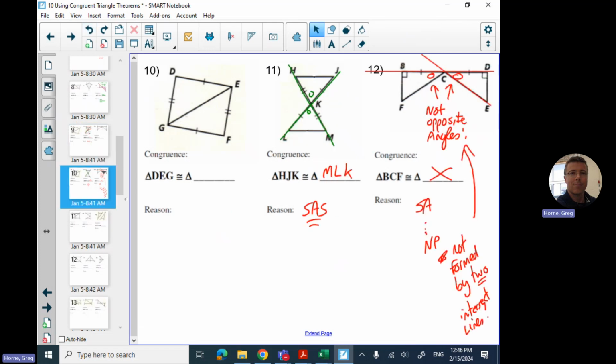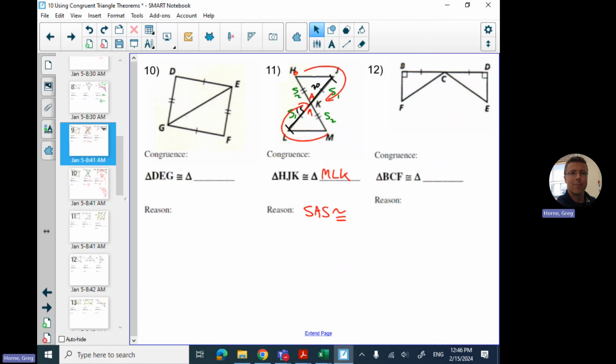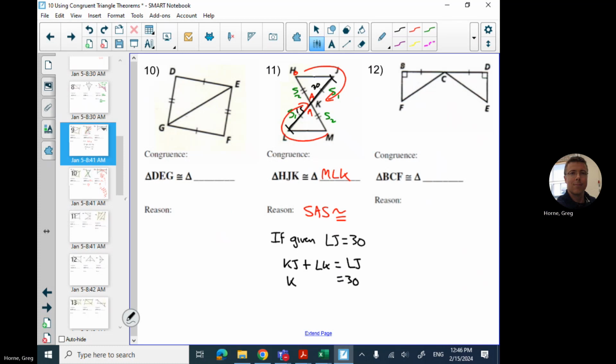And yeah, okay, side to side, right? And you could do a number example as well, right? So let's write this out down here. If given that LJ equals 30, you could say KJ plus LK equals the LJ, which equals the 30. Then you'd have to say that KJ equals LK because of congruent triangles.